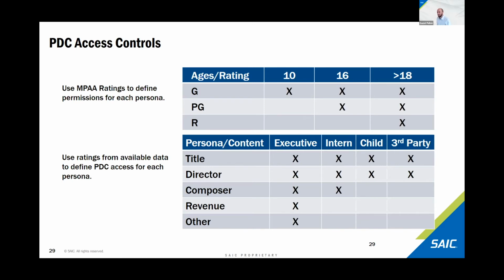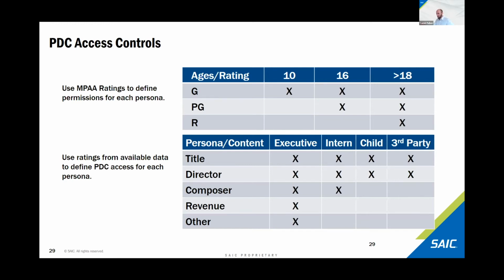And so thinking about different roles that an individual may have in accessing this data, we just came up with 4 simple roles: an executive at the company, an intern that's doing research for the company, a child that's viewing the data, and then a third-party researcher in this example. And these tables really just describe how those controls overlay between the attribute descriptions from the data and the attribute descriptions for the users.